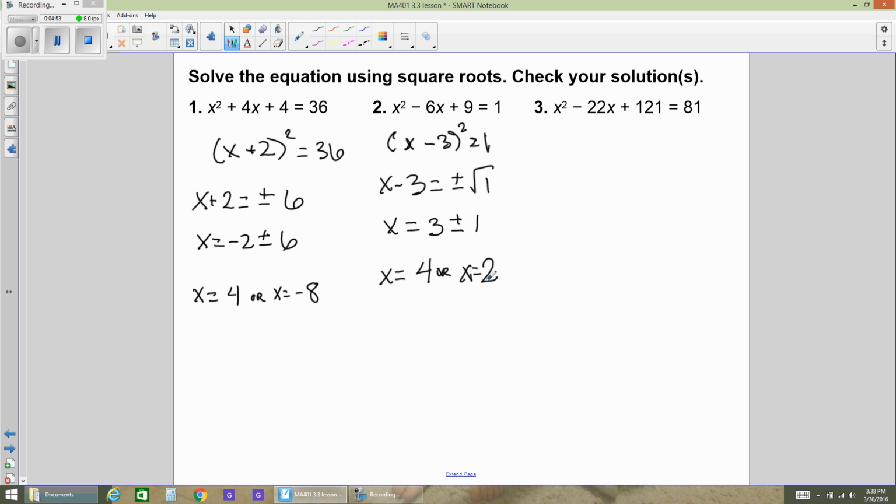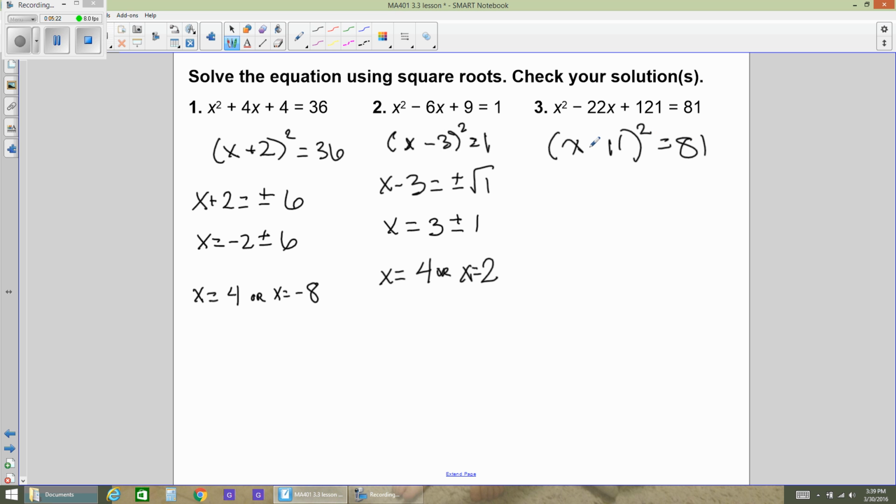All right, last but not least here, x squared minus 22x plus 121 equals 81. Now 121 should be setting off a light bulb in your head there because it comes from an 11 times an 11. And sure enough, 11 plus 11 is 22. So we've got our x, we have an 11, it's in a quantity squared, it's equal to 81.